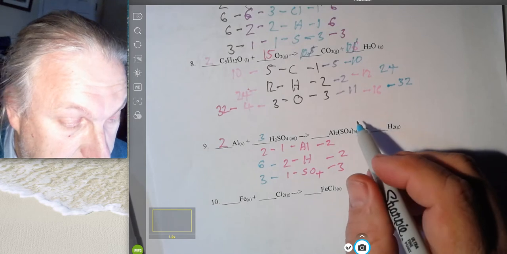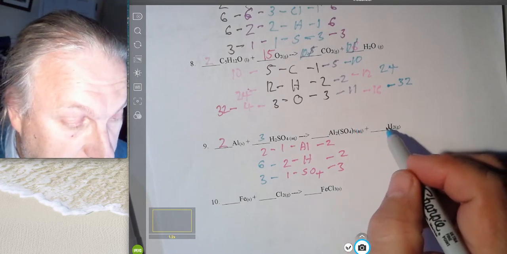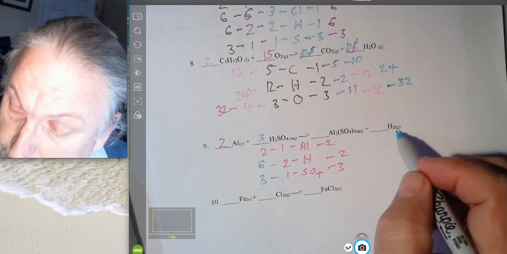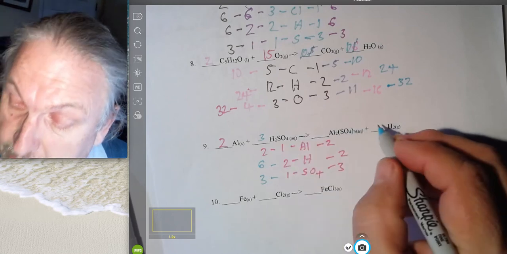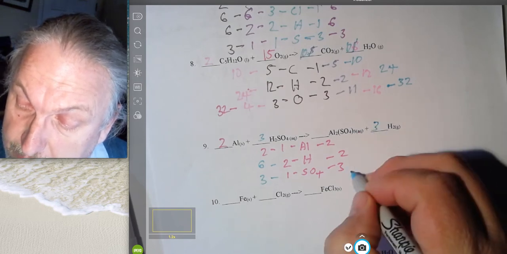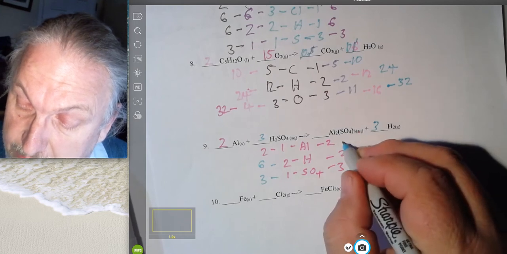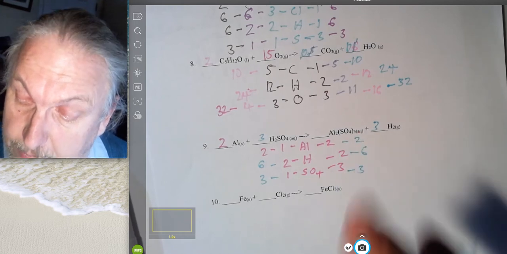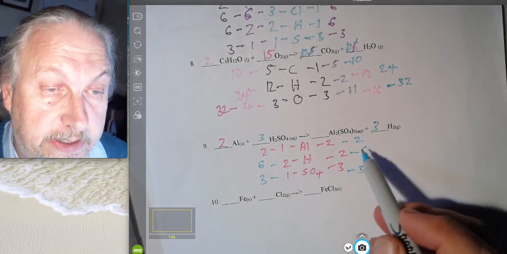We're getting there. If I put a 3 there, I still got 3 sulfates, 6 hydrogens, and now I've got 2 aluminums. I'm balanced. 2, 6, 3, 2, 6, 3.